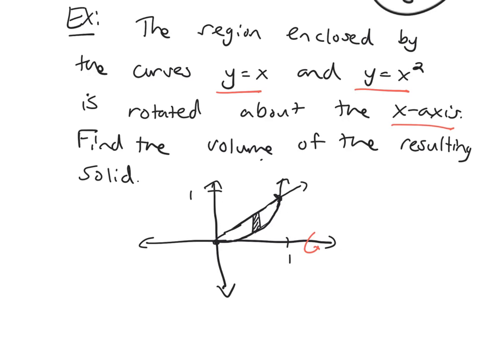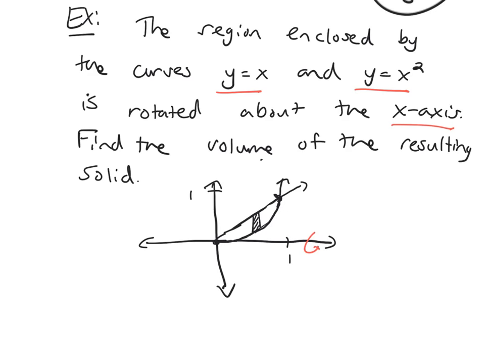This strip looks a little bit different from the strips we looked at before. In the previous examples, my little rectangular strips always touched where I was rotating about, either the x-axis for the first one, or the y-axis in the second one. But here, my strip doesn't fully come all the way down to my rotation line. So when I rotate this around, I'm going to have a hole on the inside.